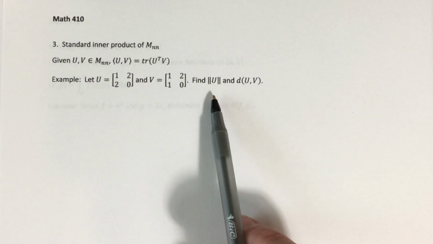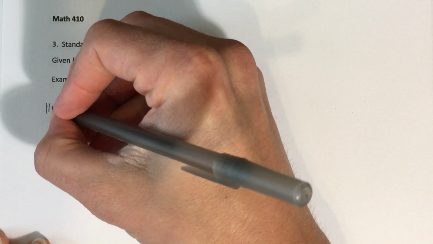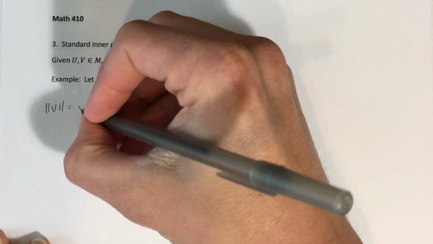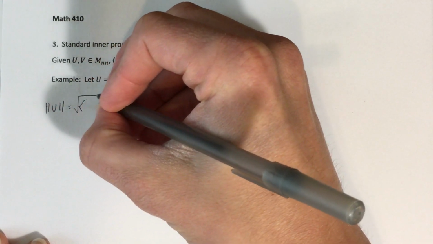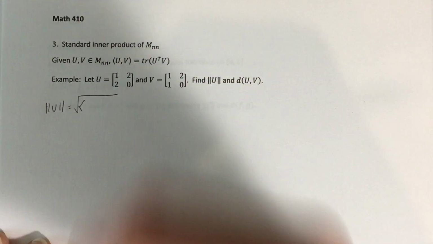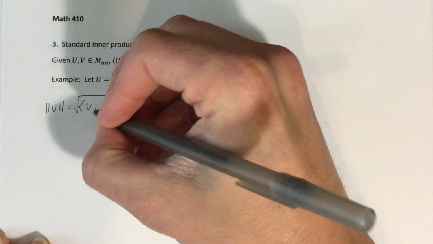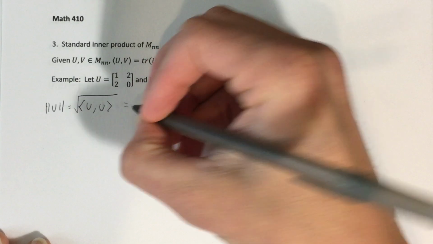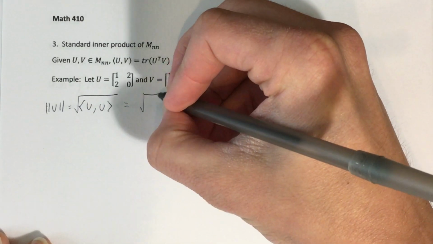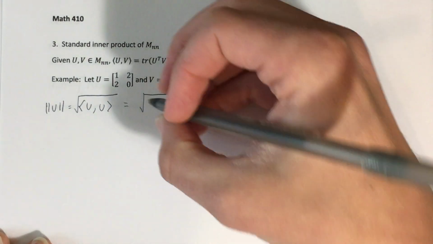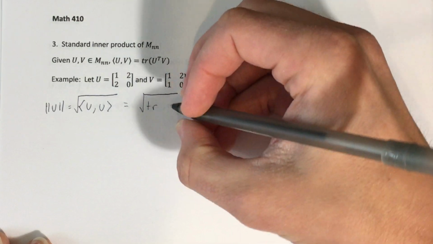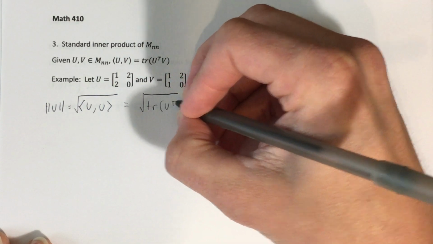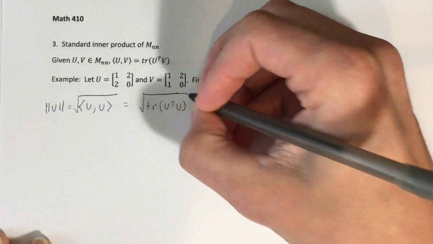I want to find the norm of U, which means I'm doing this. The norm of U is equal to the square root of the inner product of U with U, or in other words, the square root of the trace of U transpose with itself.